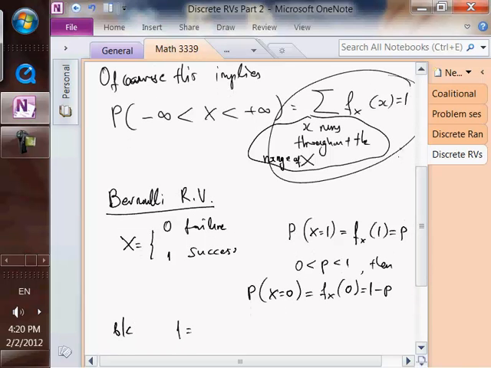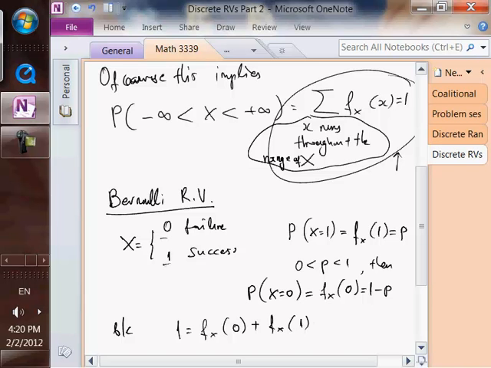That thing that I circled is telling us that if you sum the values of the density function that correspond to the values of the random variable, this tells us to sum only two terms, the value of the density for 0 and the value of the density at 1.